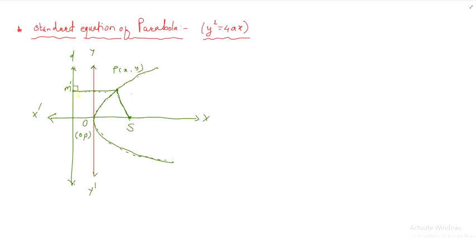The perpendicular foot is M, so PM is the perpendicular distance of the point P from the fixed line D, which is known as the directrix. Here S is the focus, and we take this point A in such a way that the distance OS should be like that one here.